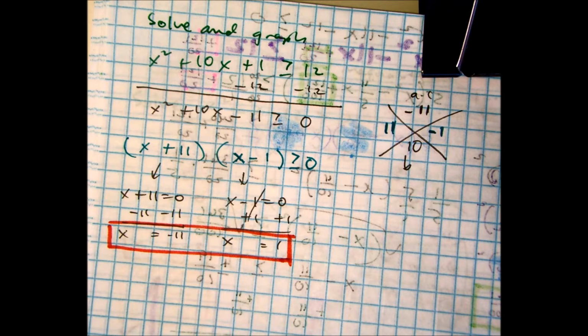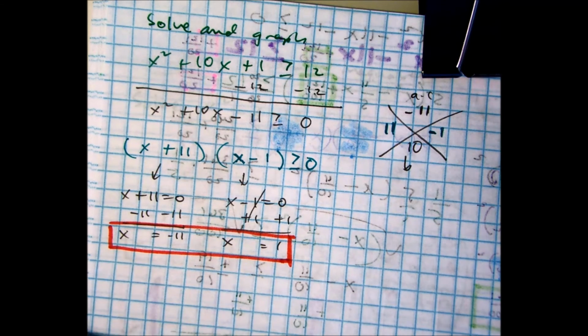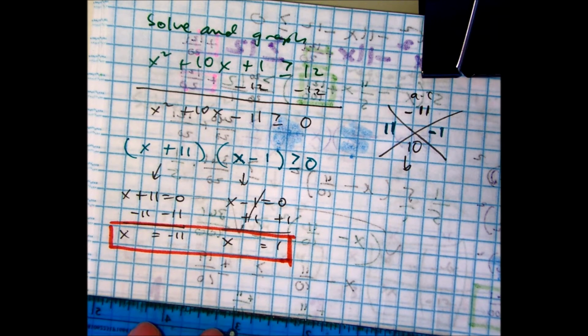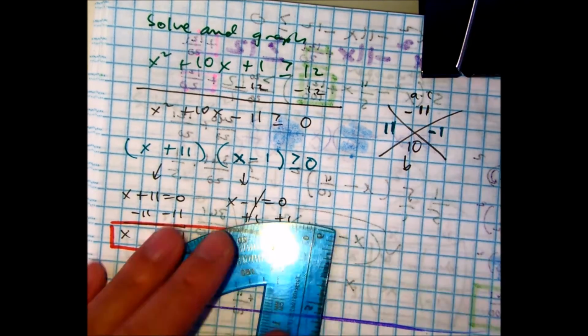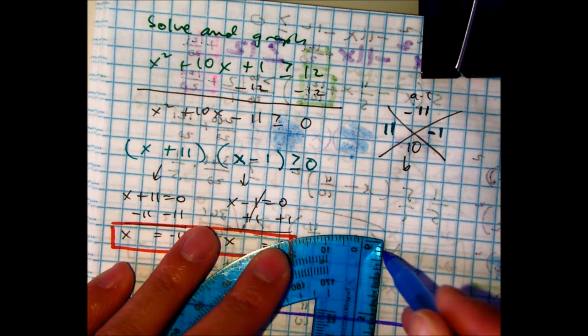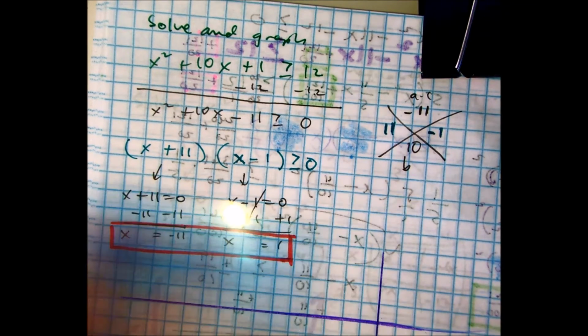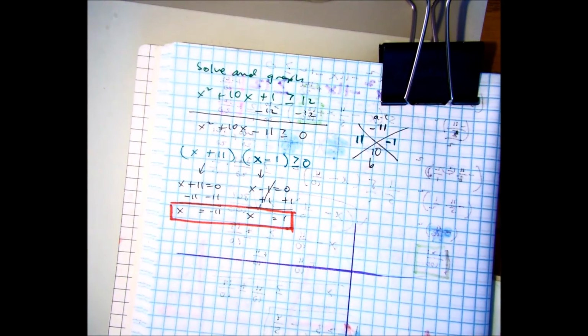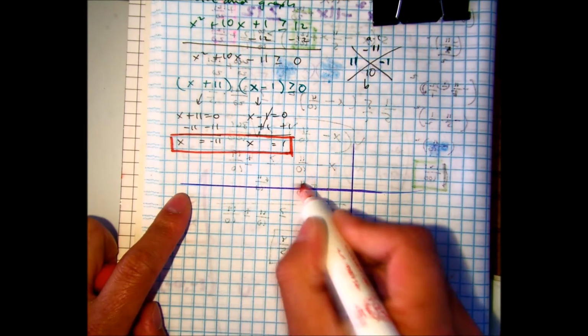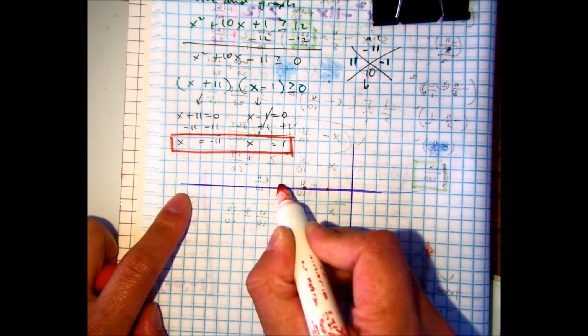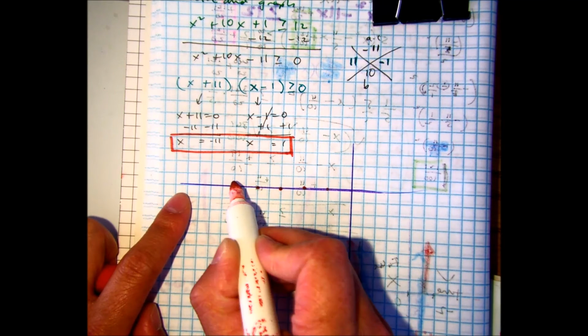Let's now give ourselves a visual of our graph. I recognize I have negative 11.